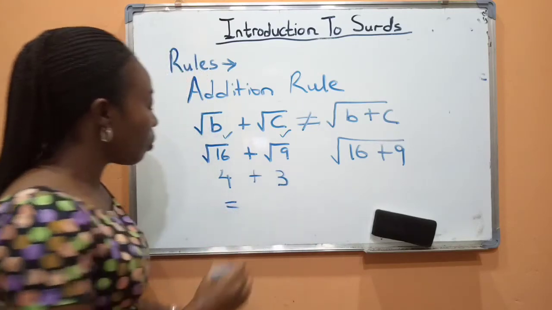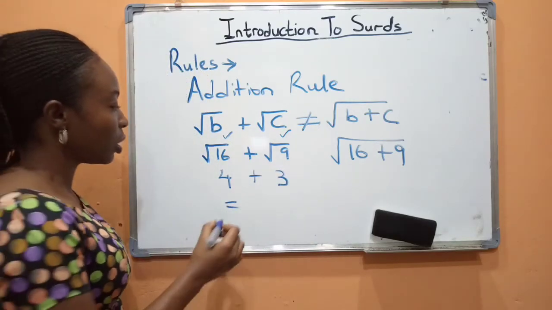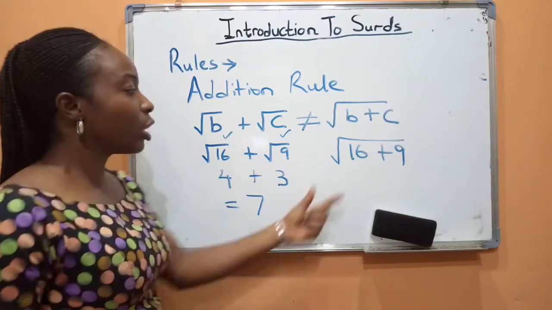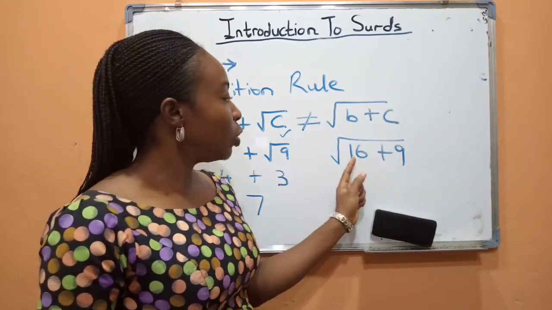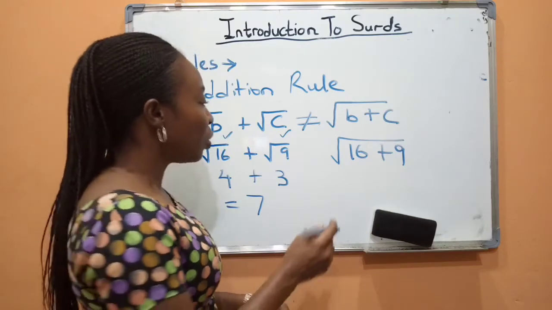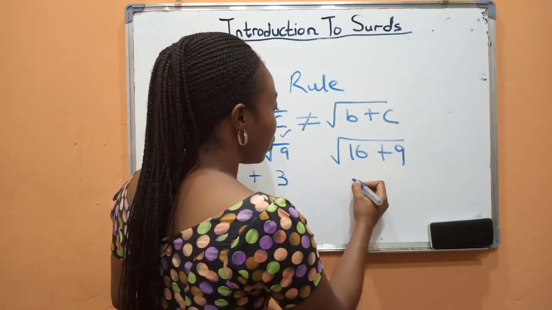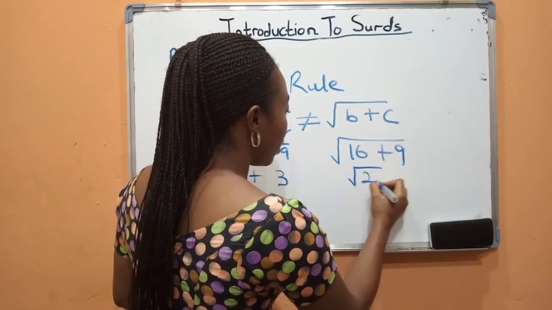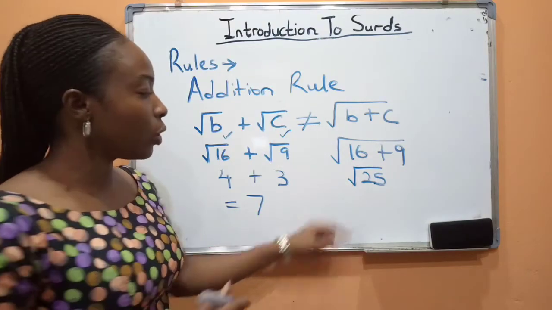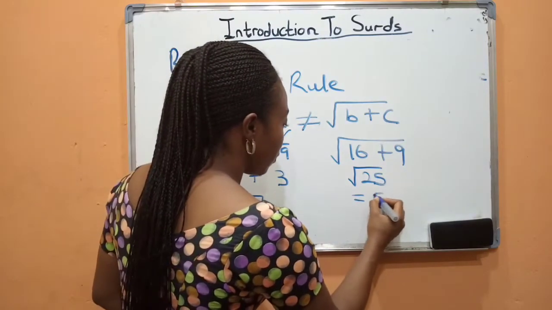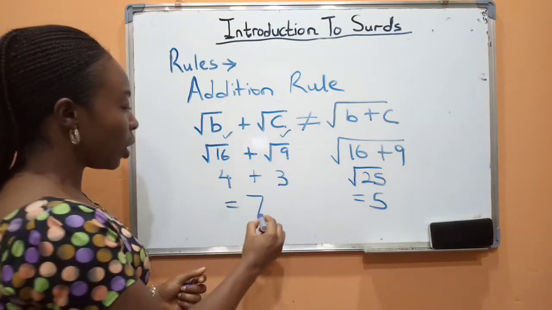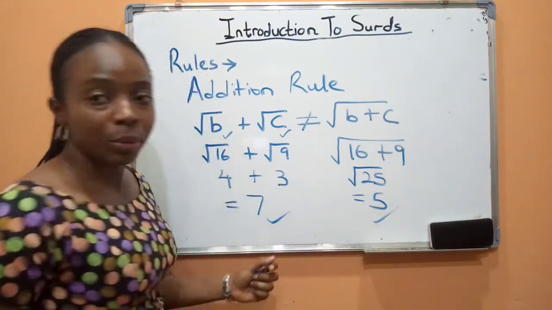And when you sum 4 plus 3, it gives us 7. Now let's take a look at this place. When you say 16 plus 9, you're going to get 25. Alright, so the square root of 25. By the time we find the square root of 25, we're going to have 5. You can see that these two answers are not the same.